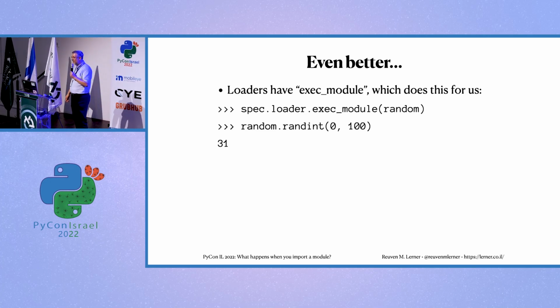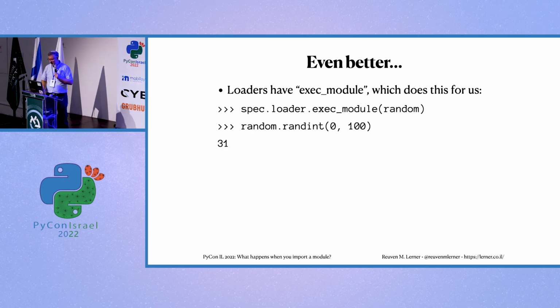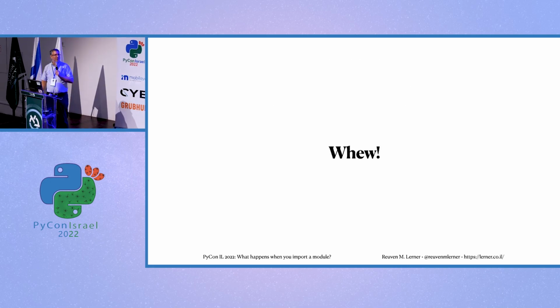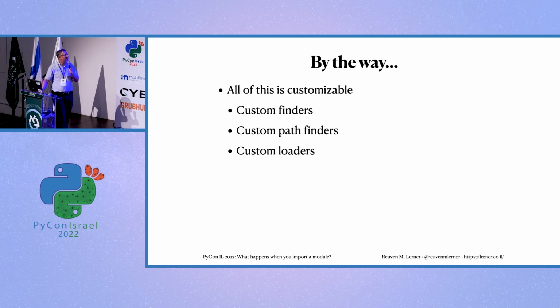This is what happens when you import a module every single time. Phew. Now I should add, all of this is customizable. If you want to find your modules in a new way, you can write a custom finder, and you can put that on sys.meta_path. If you want to find things in the file system in a special way, there are custom path finders.